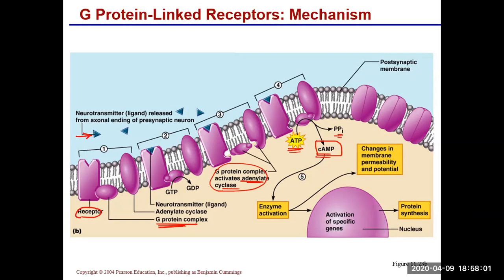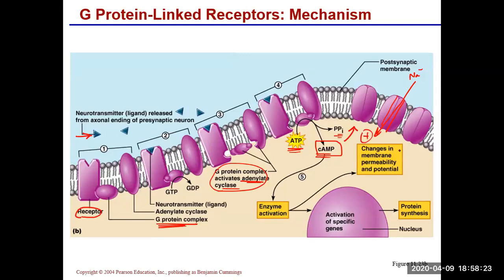Cellular response means what it could do for the cell. It could do a variety of things. For example, it could open up protein channels. If these protein channels are for sodium, as they open up, maybe sodium will rush in, and as a result you depolarize the membrane.